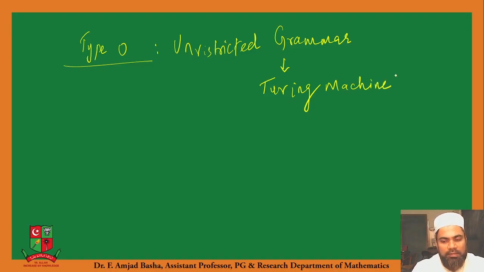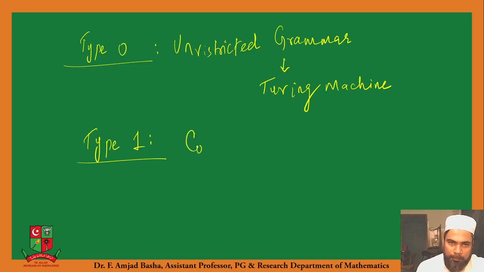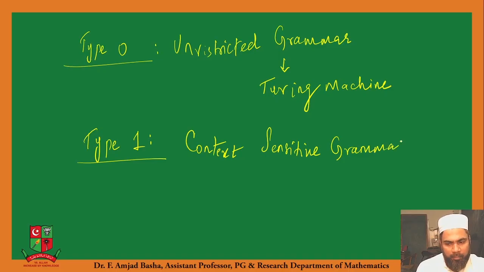The second is type 1. Type 1 is called context sensitive grammar, and this is accepted by linear bound automata.